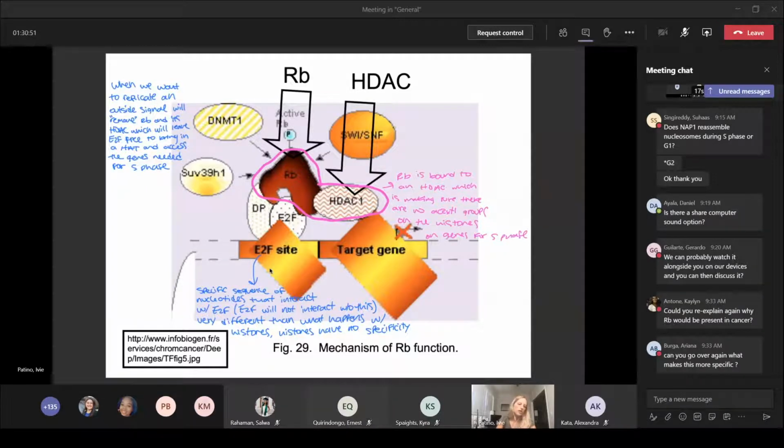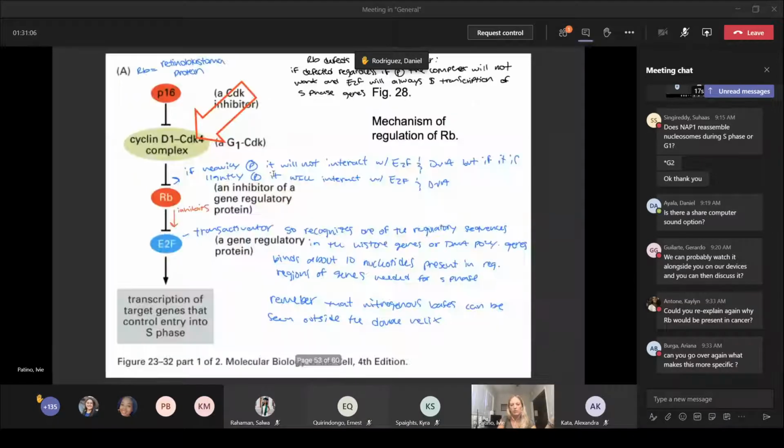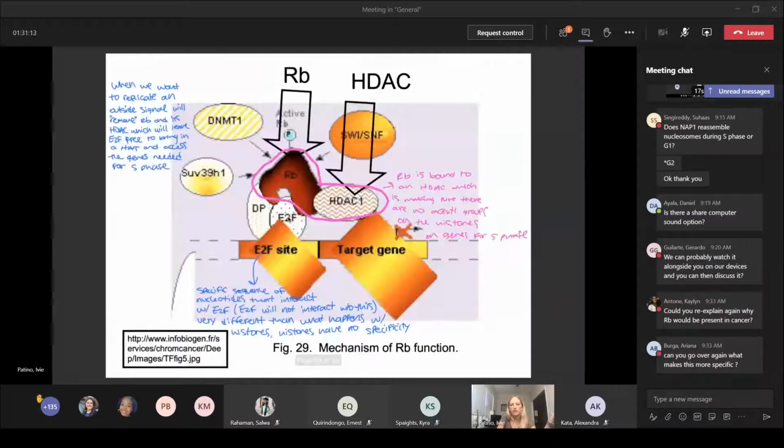If our cell gets some outside signal, he said that we're not going to go in depth on what that signal is right now, then E2F can come in and bind to its specific site. RB will be heavily phosphorylated, so it's not going to inhibit this E2F. Then E2F will act as a transactivator.